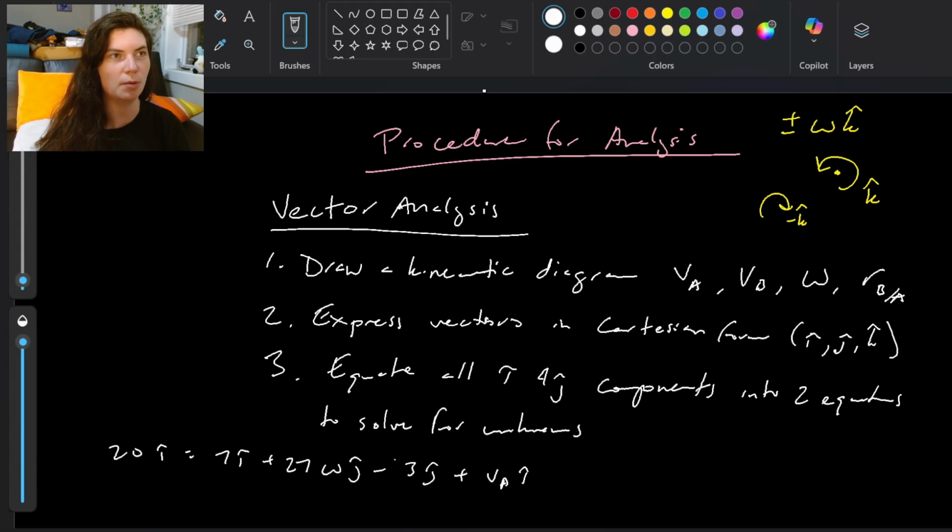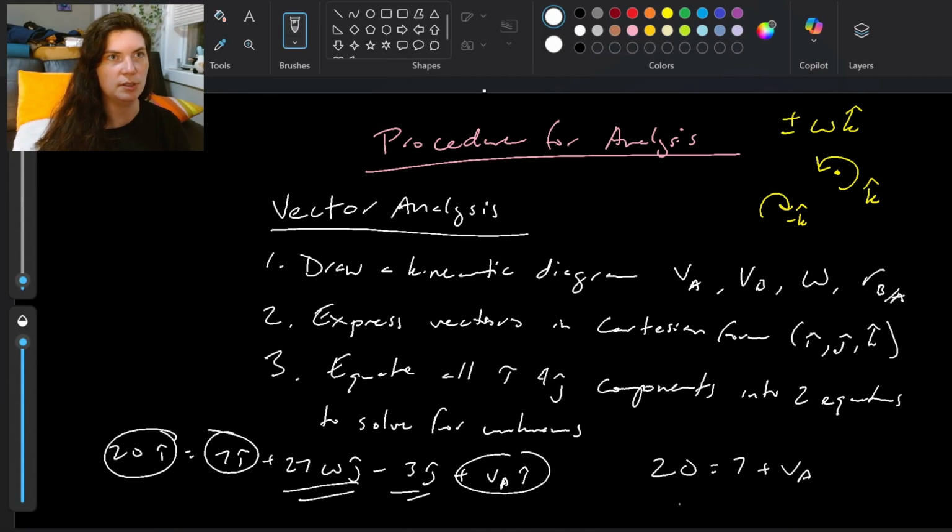That's a terrible example. But what you would do is take all of the i's and make them into an equation: 20 equals 7 plus VA. Then you take all the j terms and say 0 equals 27 minus 3. So you're just separating out into two different equations the i hat and the j hat components.